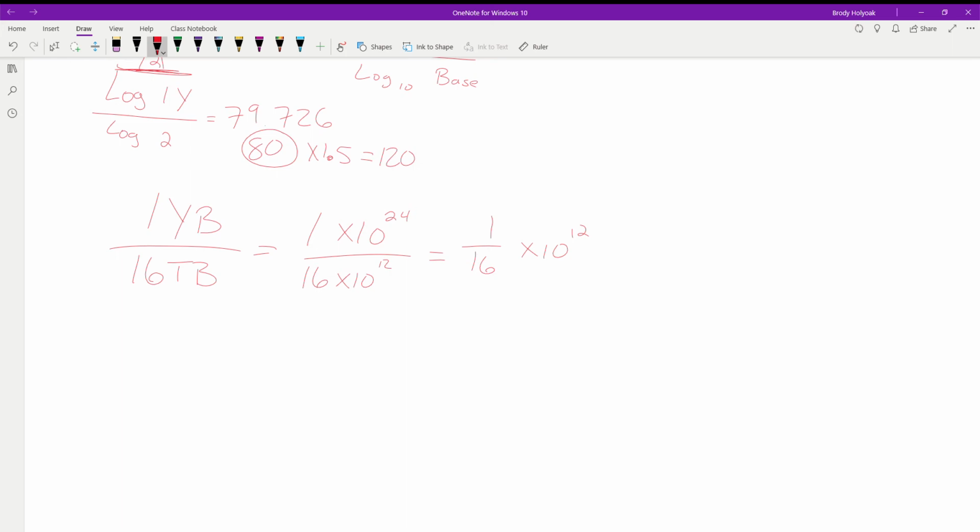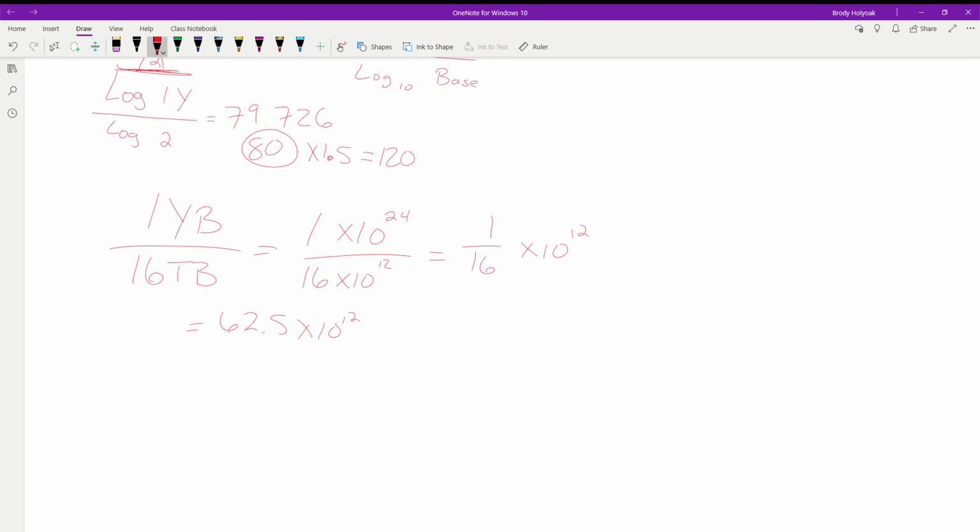By using our power math, we can just take 24 and subtract the 12. We end up with that exponent, and we're left with 1/16. So this comes out to be 62.5 times 10 to the 12th drives I have to buy. This number comes out to be 62.5 trillion drives.